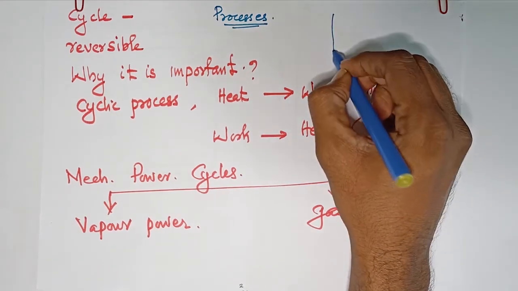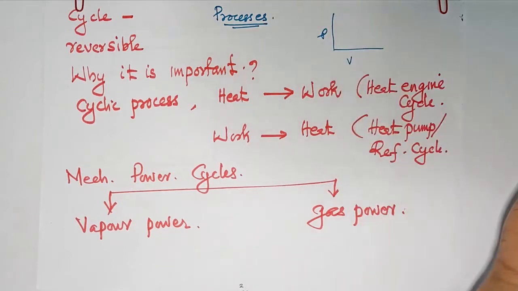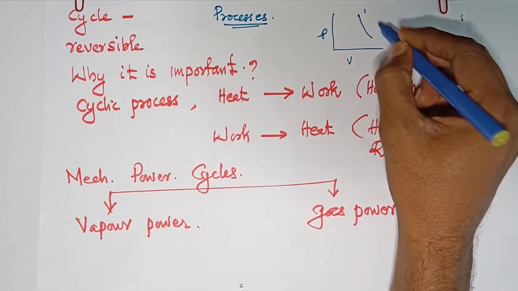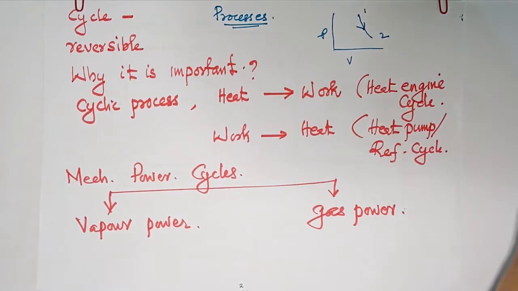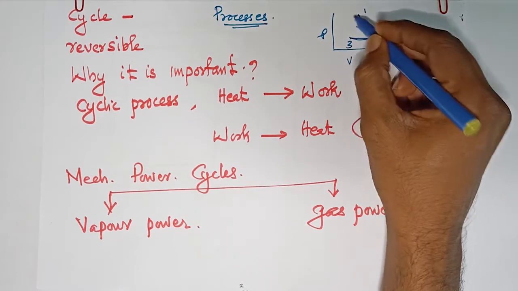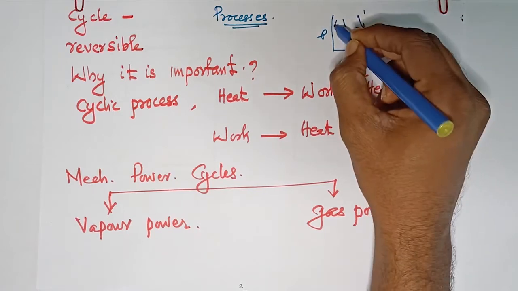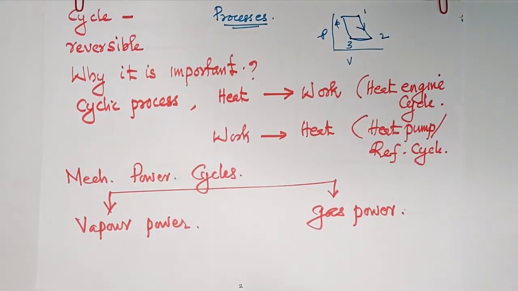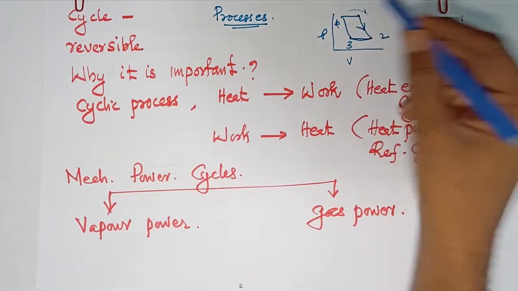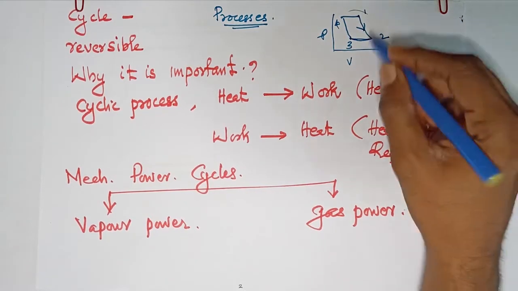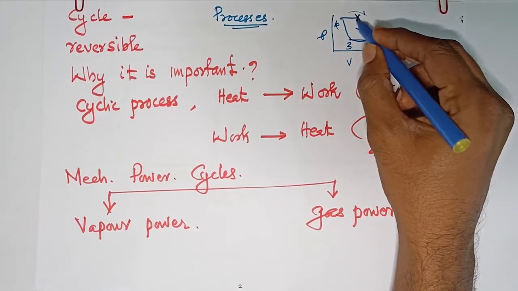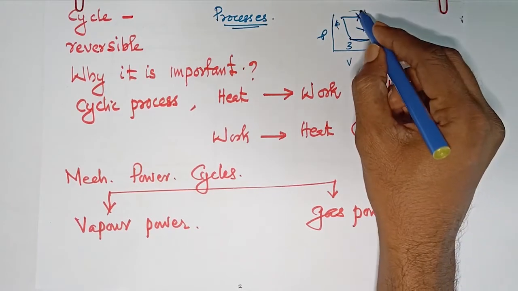Suppose I am drawing a PV diagram. 1 to 2 is a process, 2 to 3 is another process, 3 to 4 is another process, and 4 to 1 is another process. So the complete loop shows that it is a cycle, because once a cycle is completed, the system comes back to the original position.